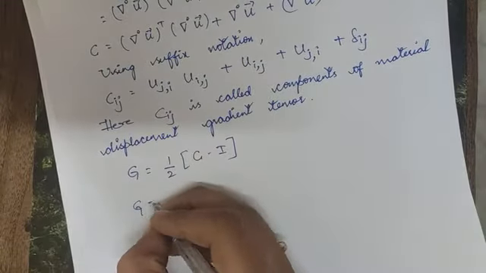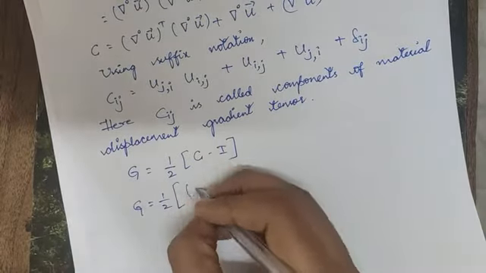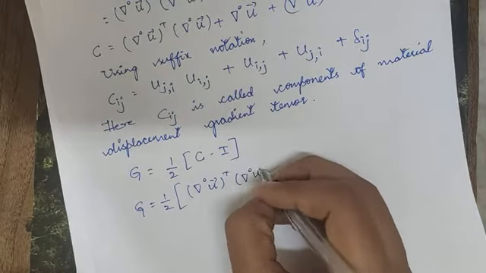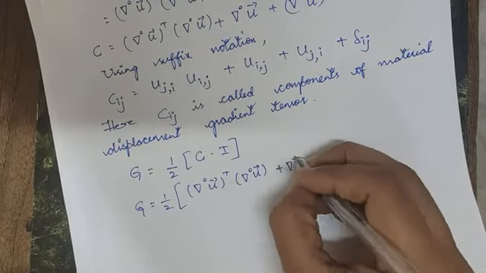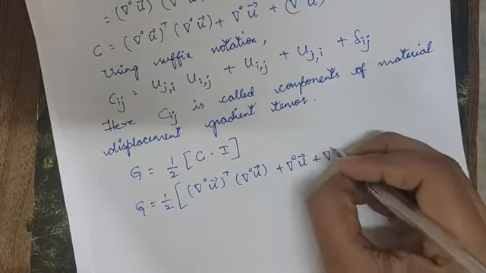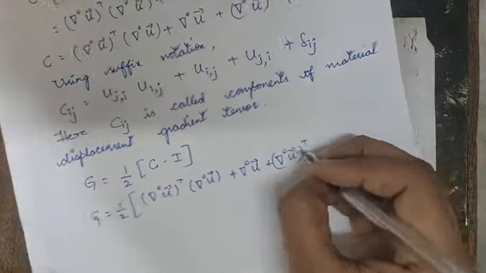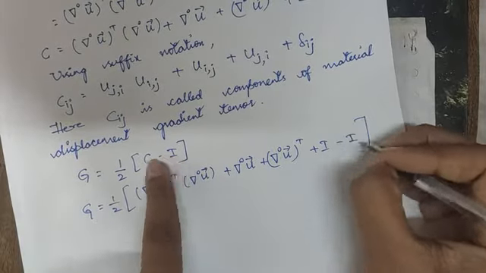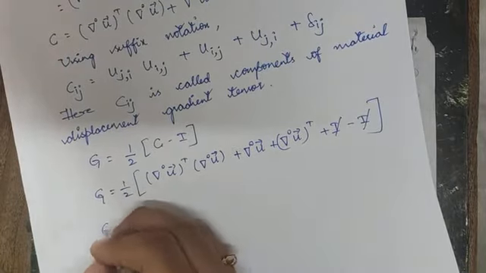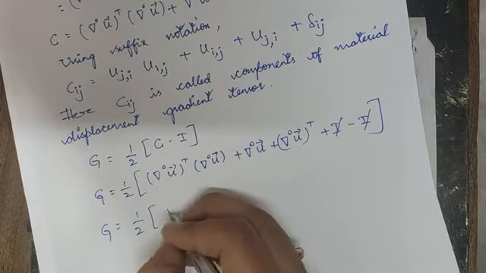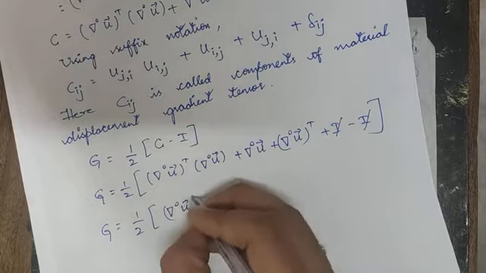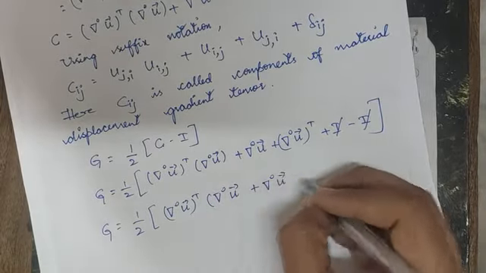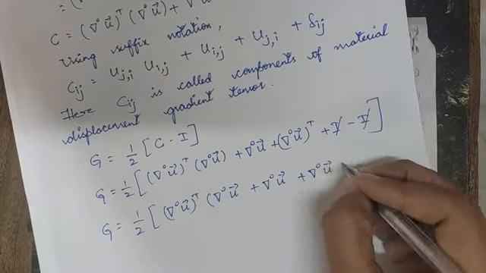G is equal to half into del naught u whole transpose into del naught u plus del naught u plus del naught u transpose plus I, and this is minus I. So I gets cancelled. You will get G is equal to half into del naught u whole transpose into del naught u plus del naught u plus del naught u whole transpose.